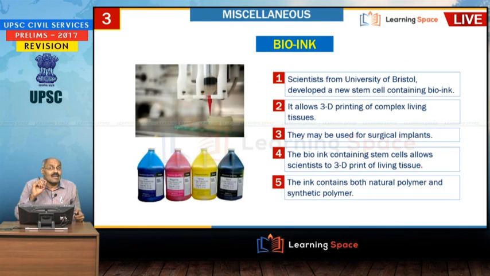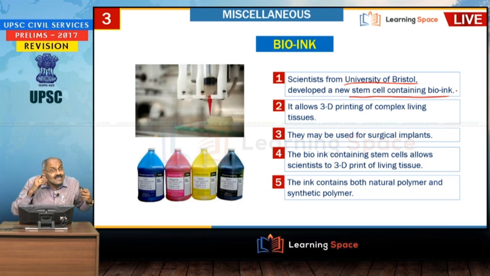Then let us go ahead. Bio ink. What is bio ink? This is developed by the scientists of University of Bristol, and they developed a new stem cell containing bio ink. I will come in a little while to the meaning of stem cell and the purpose of bio ink.